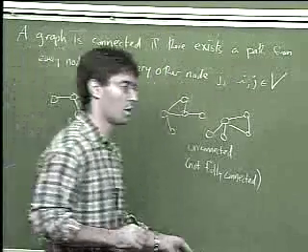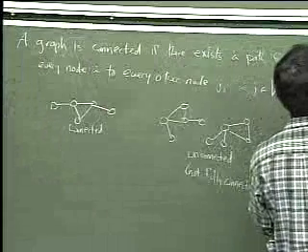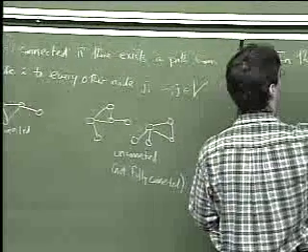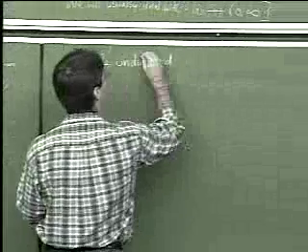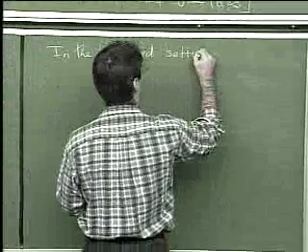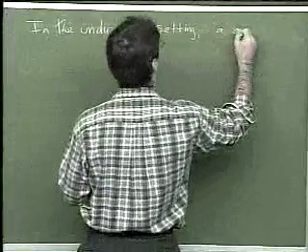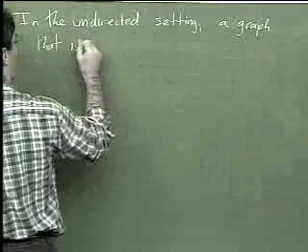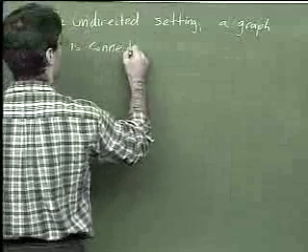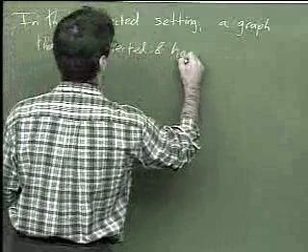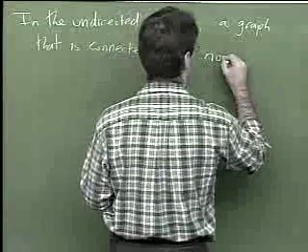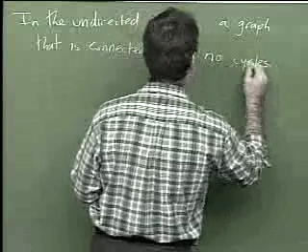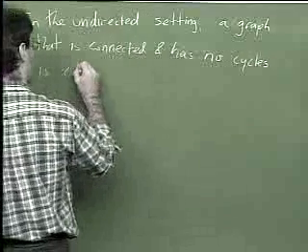And in the undirected setting, a graph that is connected and has no cycles is called a tree.